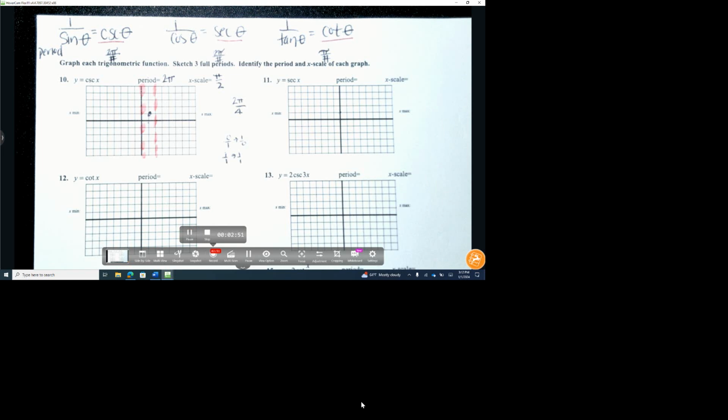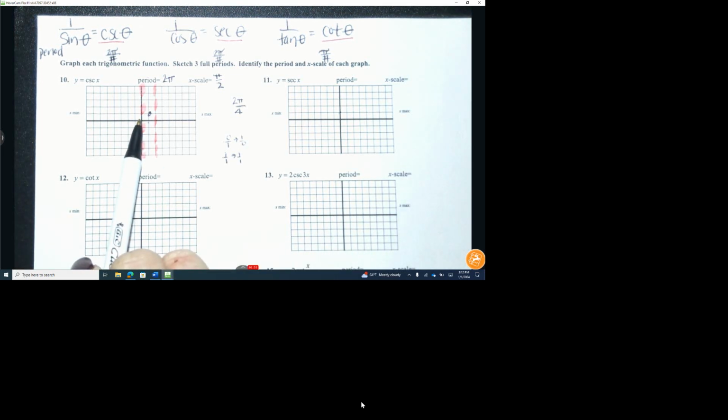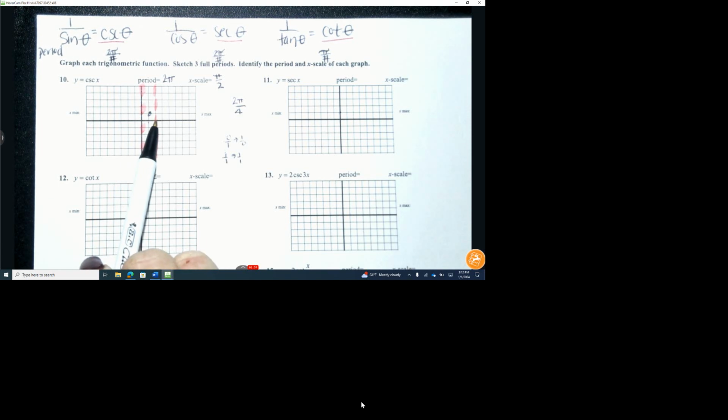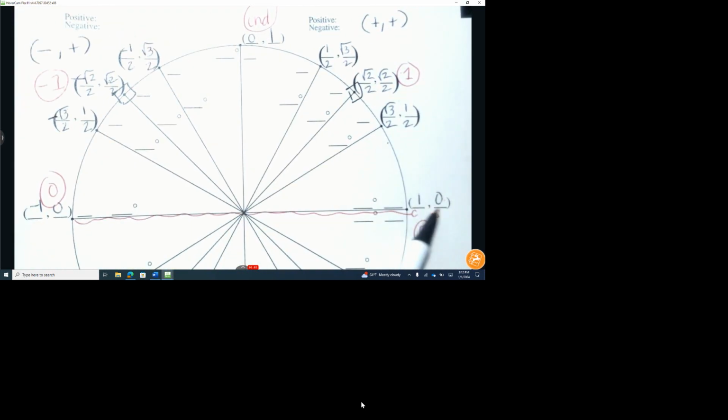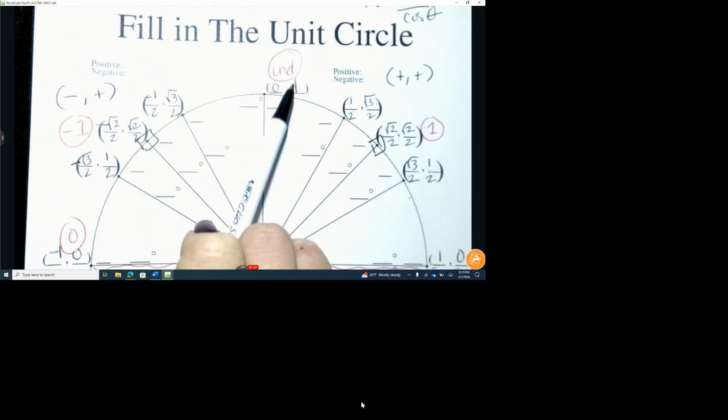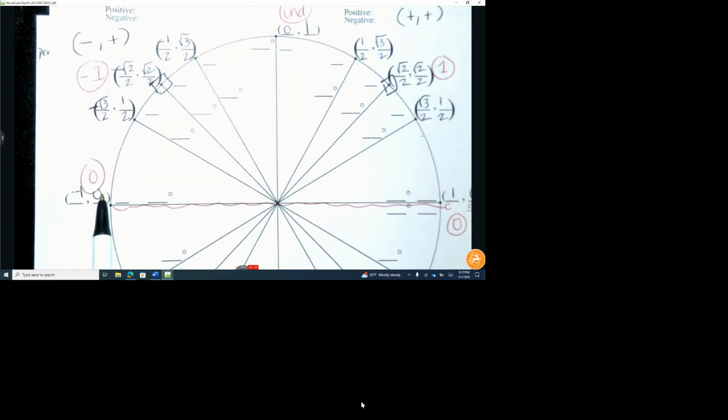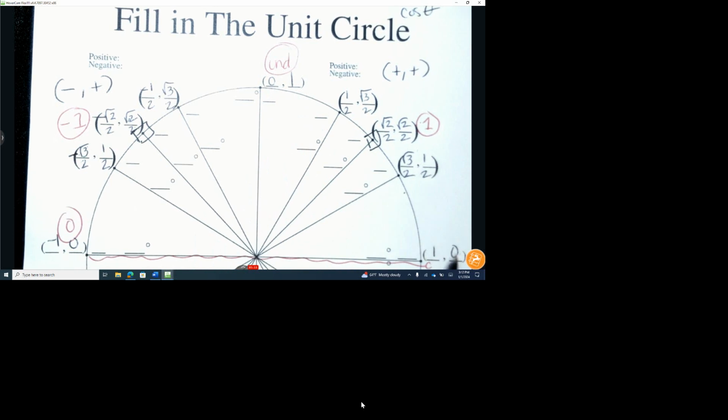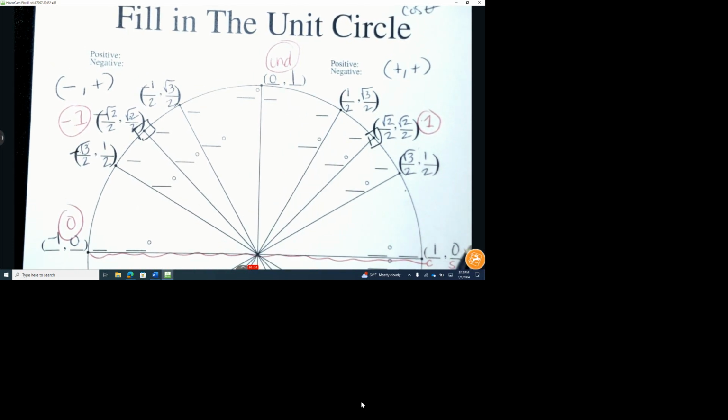What I'm going to do is come back to the unit circle. If you want to think in terms of degrees, this is 0 and this is 180 degrees. This is 0 and this is 1 pi, right? So I have gone through and this resulted, when I took the reciprocal, in a vertical asymptote, a value of 1 and a vertical asymptote. So I want to choose any number in between, and I want to take the reciprocal.